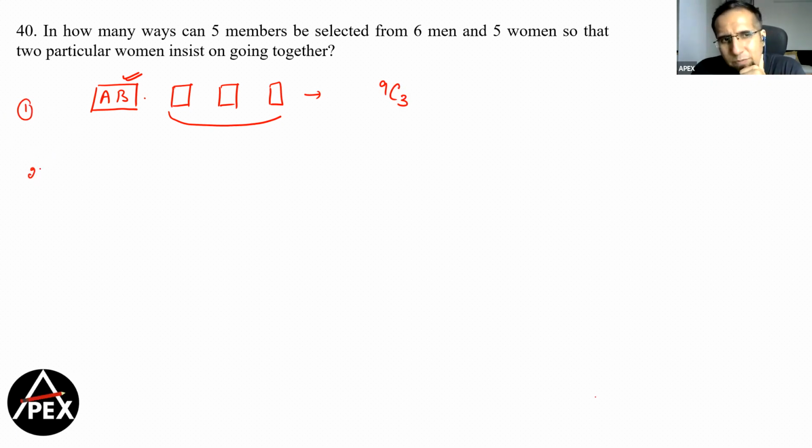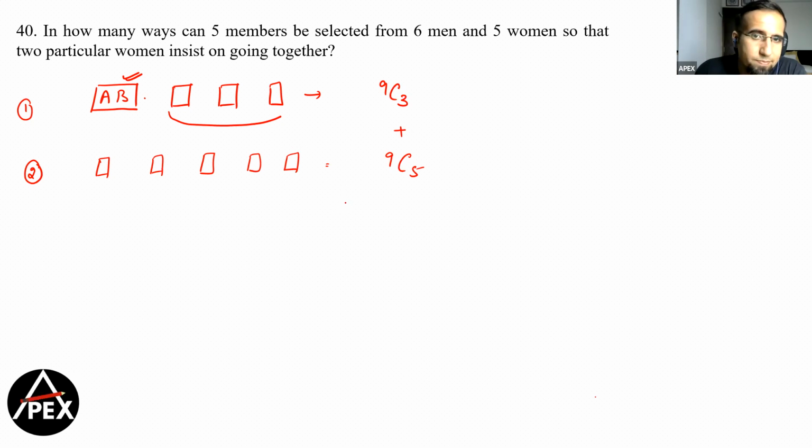Now this is second case. Why so much tension? Dump both of them. If I'm not selecting both of them, I have to now choose 5 people from a set of 9 people only. So therefore your answer becomes 9C3 plus 9C5. Any doubts, please ask.